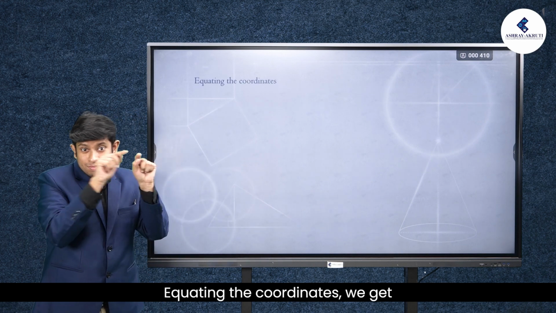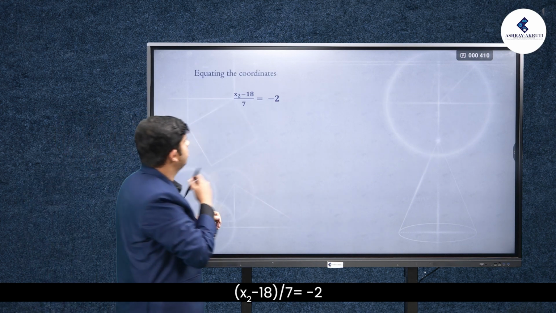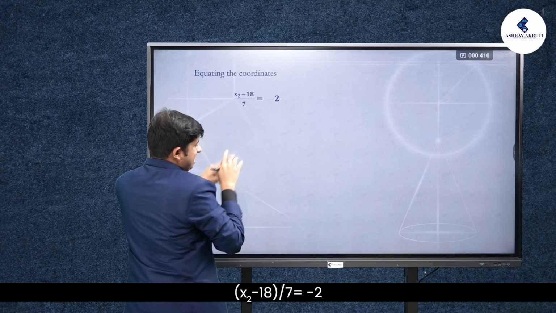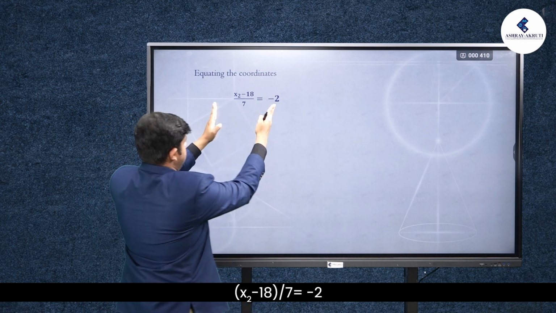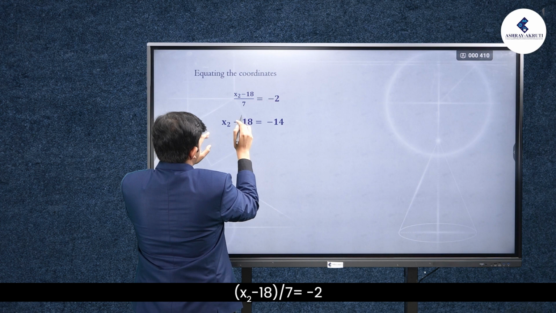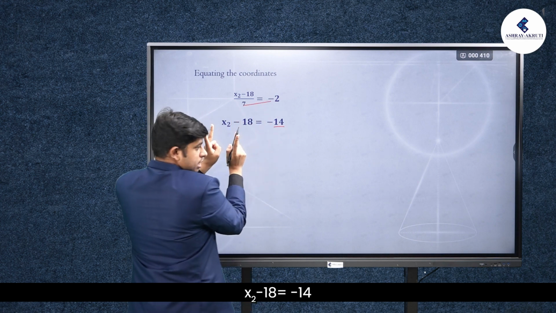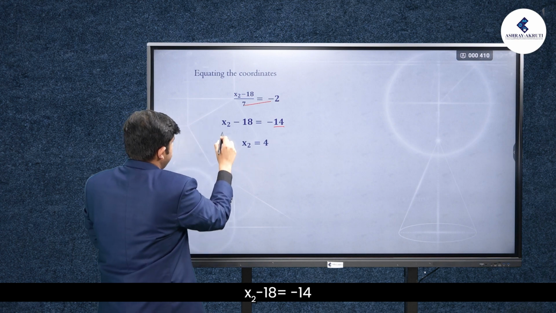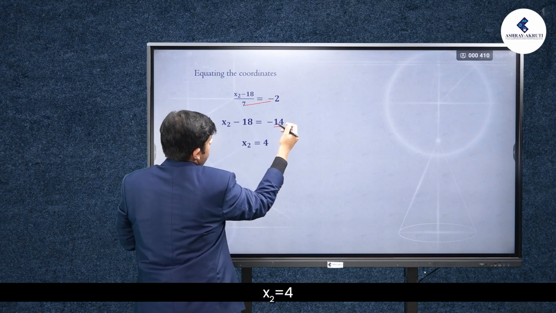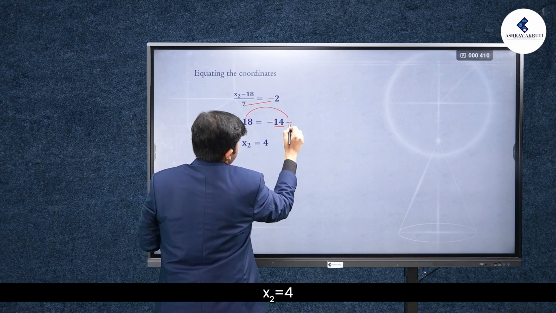Equating the coordinates, we get (x2 minus 18) by 7 is equal to minus 2. x2 minus 18 is equal to minus 14. x2 is equal to 4.